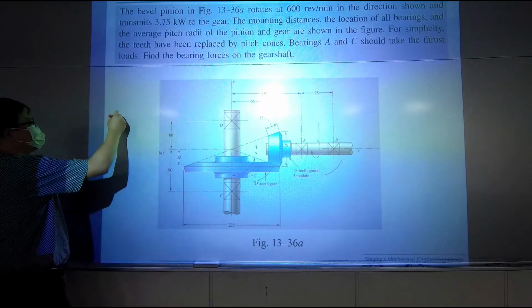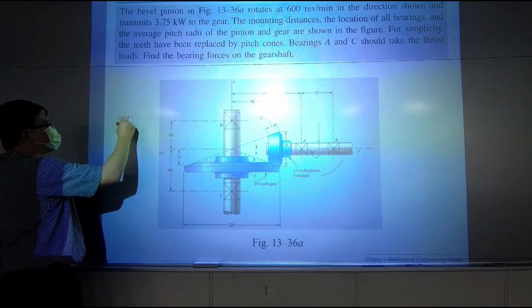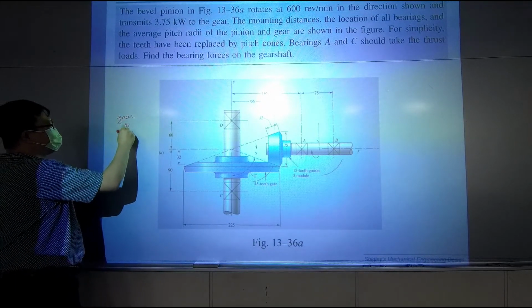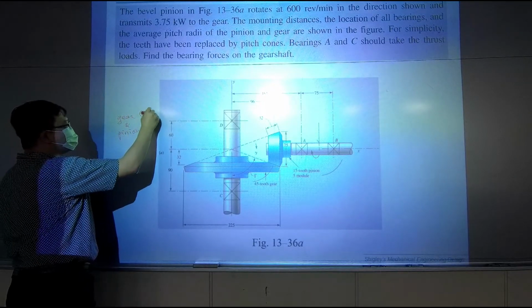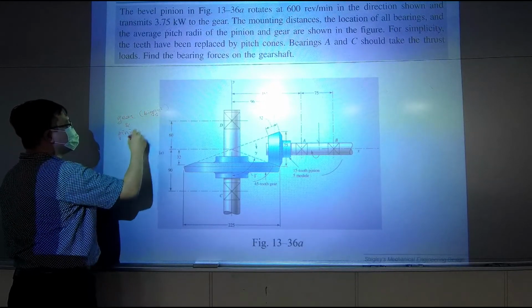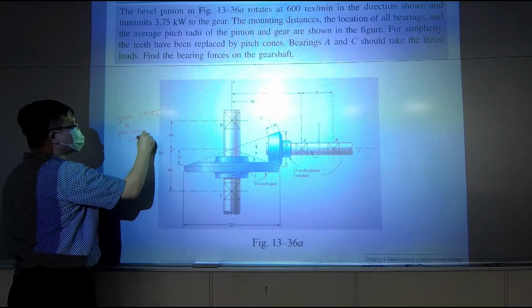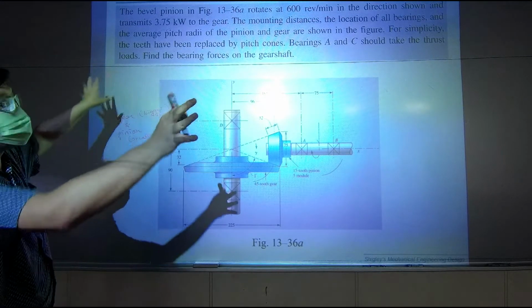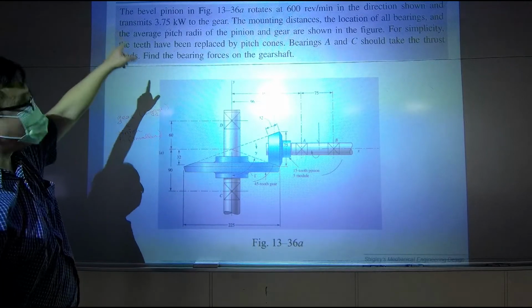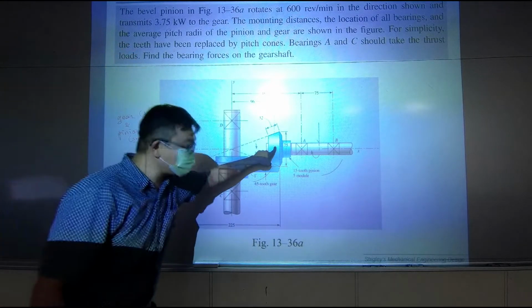Remember we have a so-called gear and pinion, right? I mentioned the bigger one is the gear, and the smaller one is the pinion. So when a sentence says bevel pinion, it's telling you it is this one.